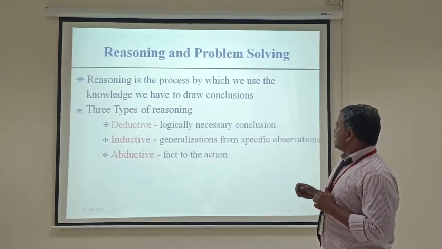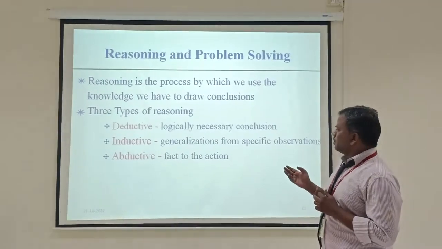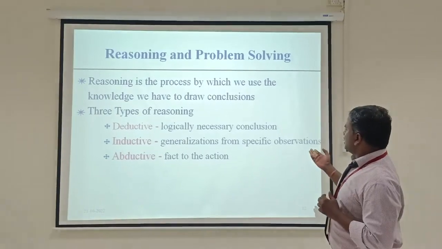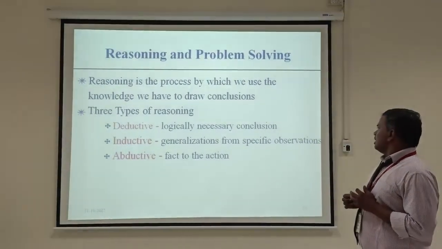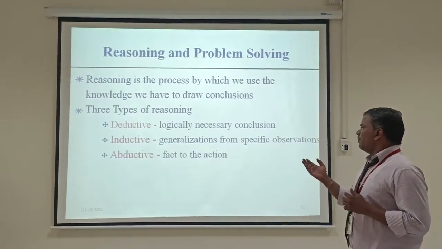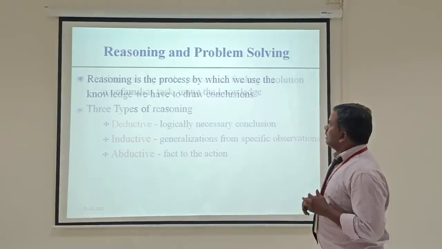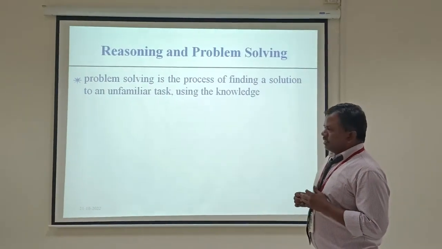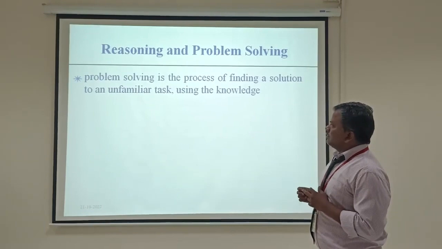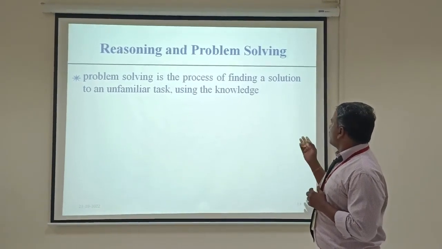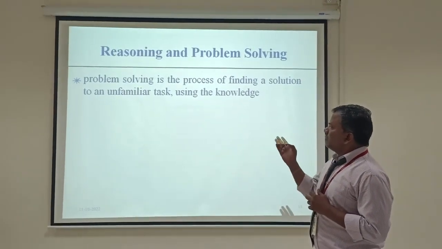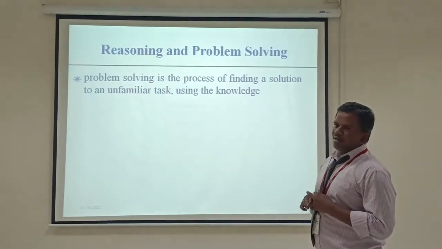Deductive gives logically necessary conclusions. Inductive makes generalizations from specific observations. Abductive reasons from facts to actions. Problem solving is also a process of finding a solution, but for an unfamiliar task, using our knowledge.